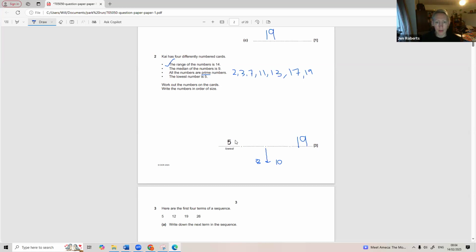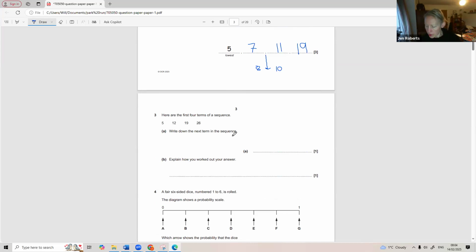So let's just think about this. If I put 7 here and 11 here, to find the middle number for these two numbers, 7 add 11 is 18, half of 18 is 9, and you can tell anyway by the number spacing. 9 is in the middle of 7 and 11. 7 and 11 are both prime, so those are your answers.